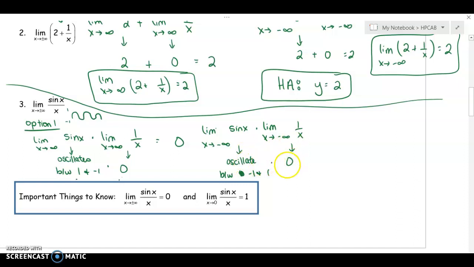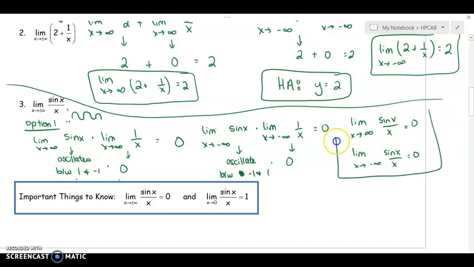So we're multiplying something between negative 1 and 1 times 0. We're going to get 0. So the limit as x approaches plus or minus infinity is going to be 0. The limit as x approaches positive infinity of sine of x over x equals 0, and the limit as x approaches negative infinity of sine of x over x equals 0.